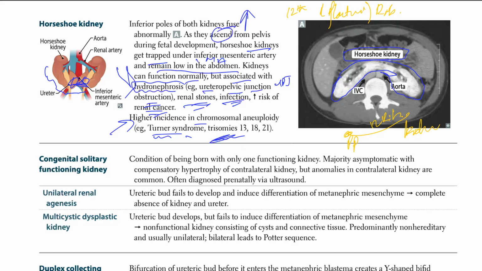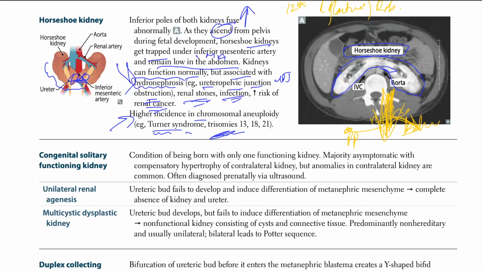Okay, so now if you have a fracture of the 12th rib at the distal site, that fractured distal 12th rib can lacerate, can go straight into the kidney, especially on the left side, because the left kidney lies immediately deep to the 12th rib.